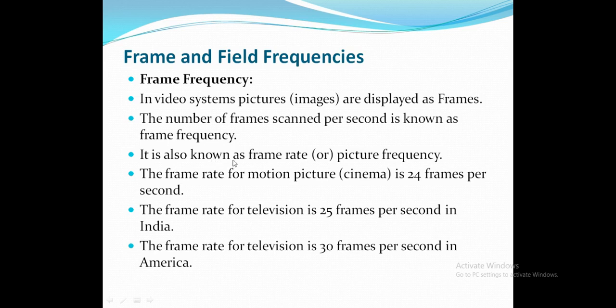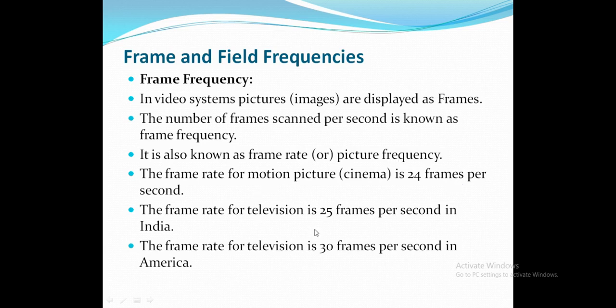The frame frequency is also known as frame rate or picture frequency. The frame rate for a motion picture, that is cinema, is 24 frames per second.